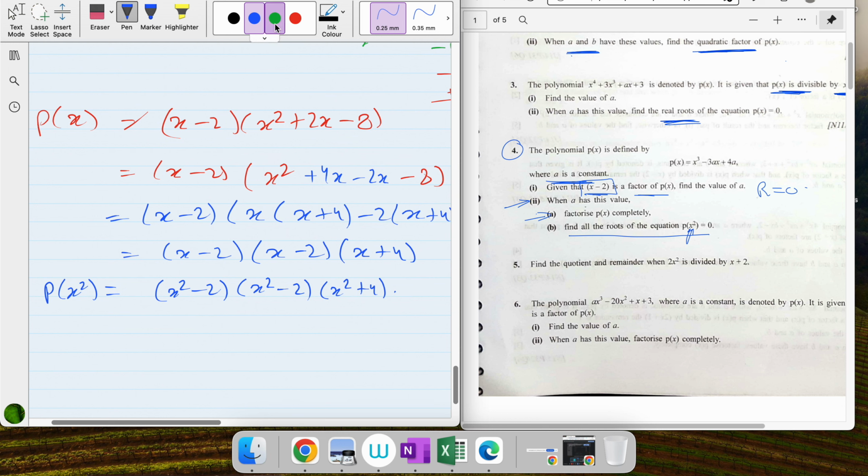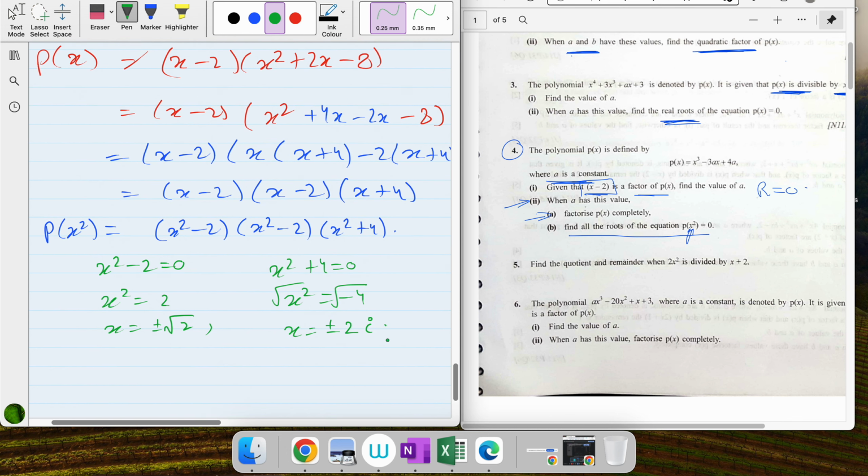To get all the roots, we equate them with 0. x square is equal to 2 and x is equal to plus minus square root 2. And for x square plus 4 equal to 0, x square is equal to negative 4. Square root both sides, x is equal to plus minus 2 iota. Any confusion with this iota? Okay, so the question ends here.